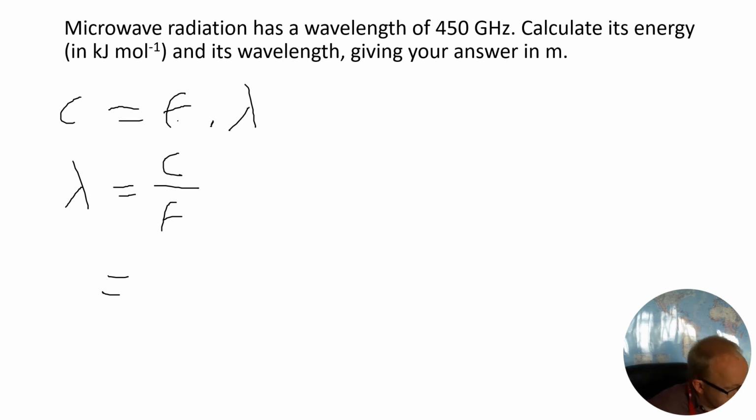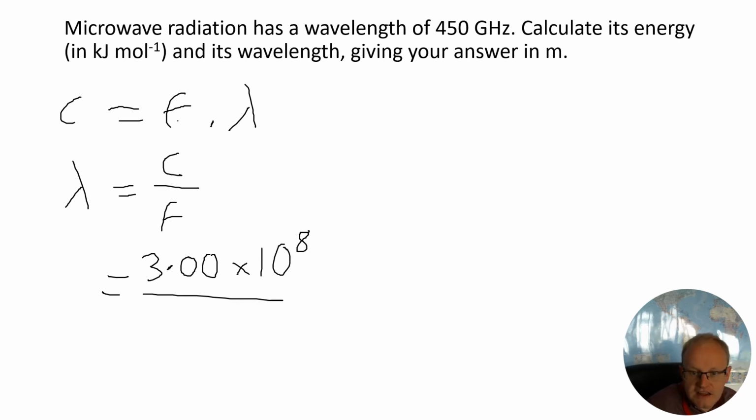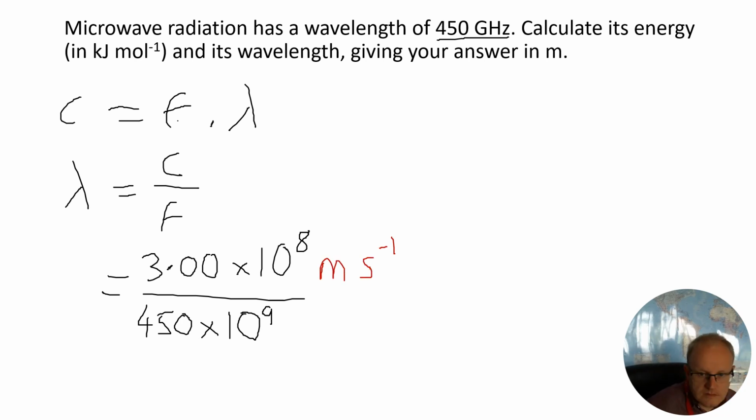So c is the speed of light, which is 3.00 times 10 to the power of 8. And the frequency we said was 450 gigahertz, which is 450 times 10 to the power of 9 hertz. Now, it might be worth putting the units in here to show you how this works, because speed is in meters per second, and frequency is now in per second.